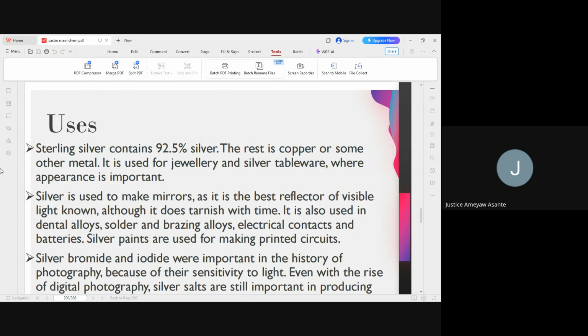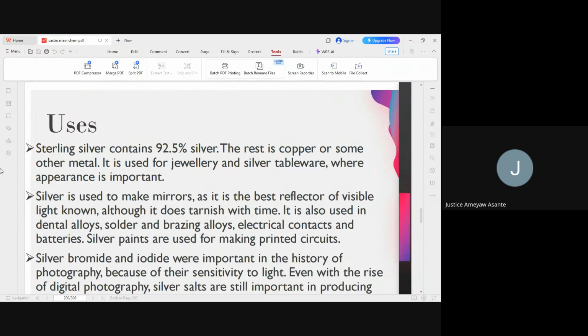Silver is used to make mirrors, as it is the best reflector of visible light known, although it does tarnish with time. It is also used in dental alloys, solder and brazing alloys, electrical contacts, and batteries.